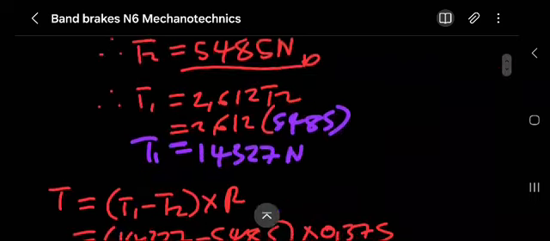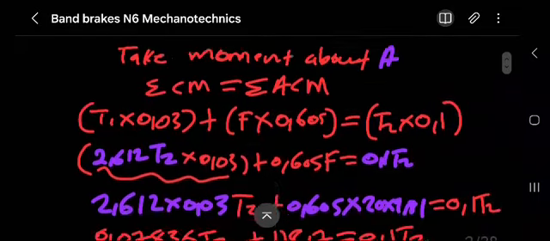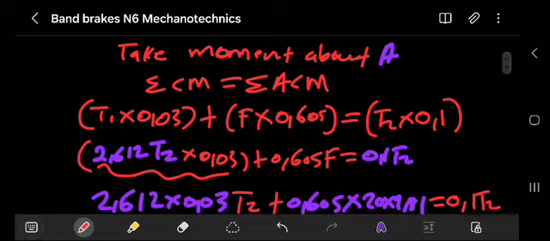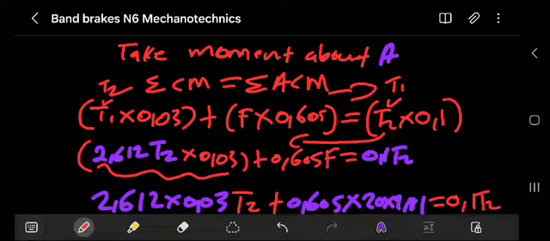Taking the moment about this, you'll switch now the values. Here T2 will be T1. Where you see T1 will be T2. You just switch the values around, and then this will go to that side, this will go there.